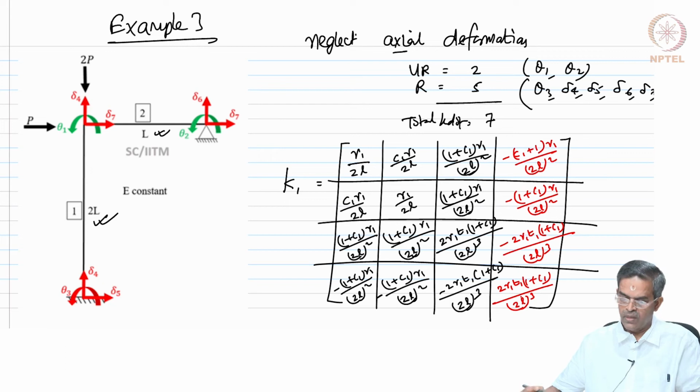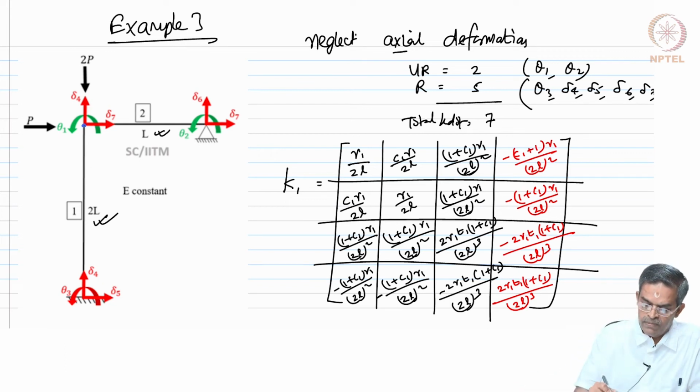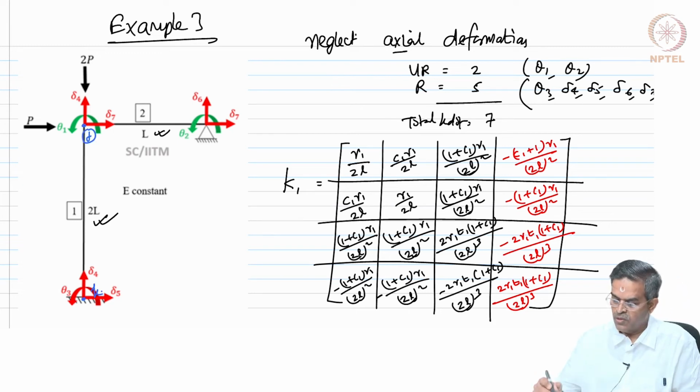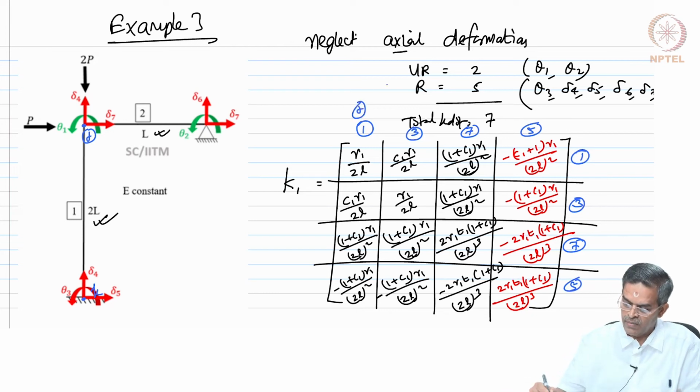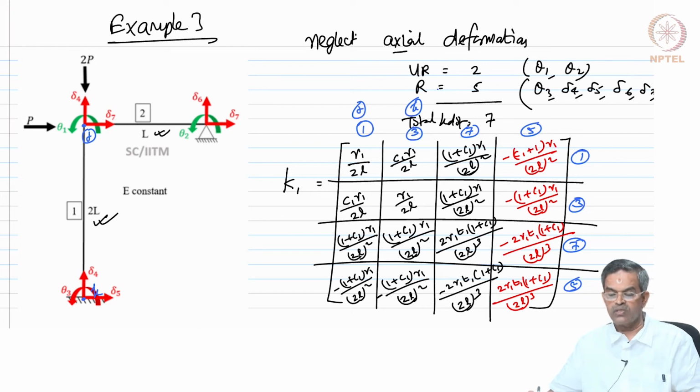So, we have this. Let us mark the labels. We will take the jth end here and kth end here for this member. So, we should say this is 1, 3, 7 and 5. So, rotation at jth end, rotation at kth end, translation along positive y.